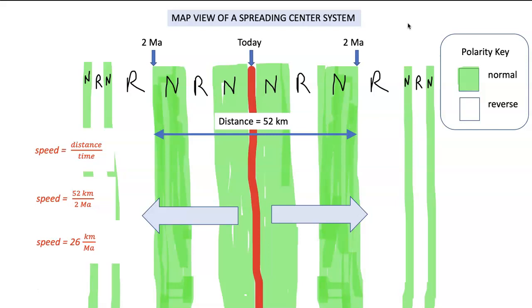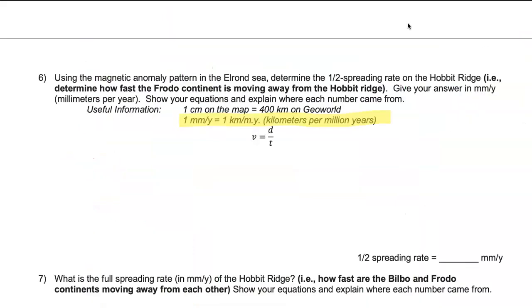Now, I'm going to show you a little trick that I don't think anyone uses except geologists. And this is actually on question 6 as you move along through this exercise, but I'm showing it to you here. If you find a rate in kilometers per million years, the zeros will cancel out on the top and the bottom so that you can use that exact same number with the units of millimeters per year.